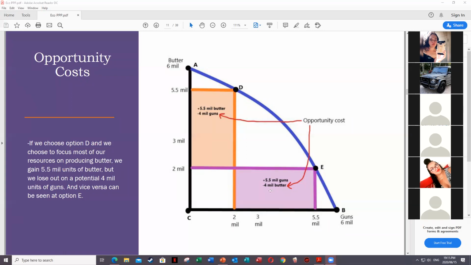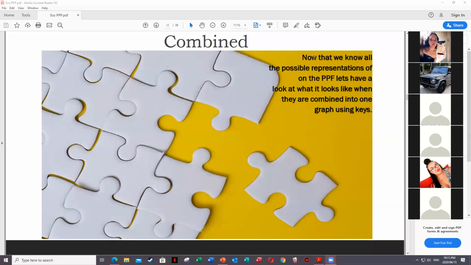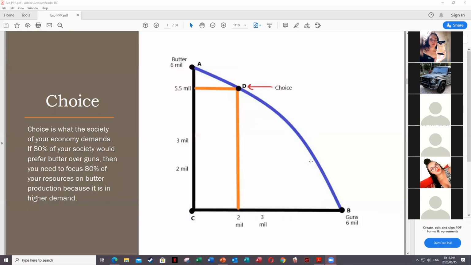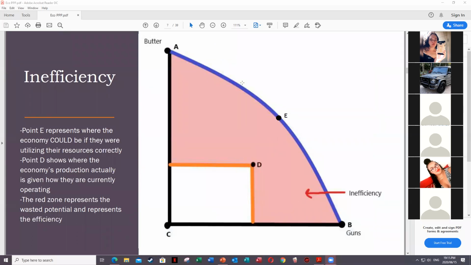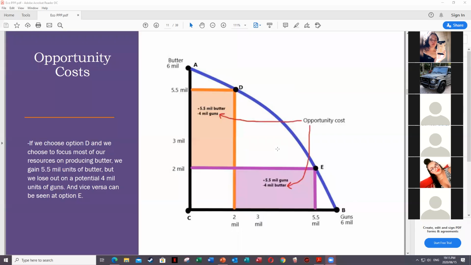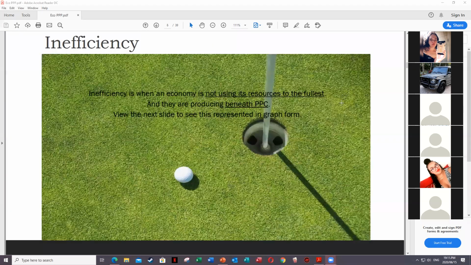Okay, thank you. So that's everything individually. That's your opportunity cost, that's your choice, that's your inefficiency, and that's your scarcity. Now they might say to you, pretend that you're selling butter and guns, and draw a PPF representing opportunity costs, choice, scarcity, and inefficiency.